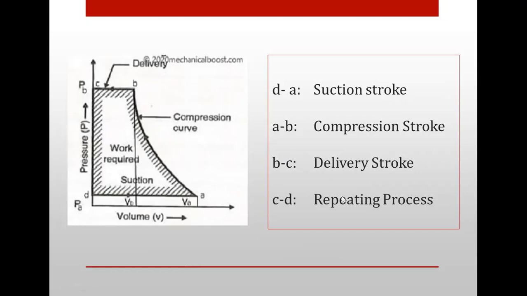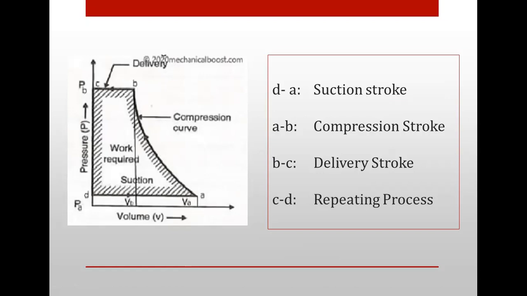Then the next process is the repeating process, from C to D. After completing the delivery stroke, the piston comes again for the suction stroke and sucks air, and at this stage the cylinder pressure will be P. This process repeats according to our requirements, and work is done during this process. So from the suction stroke, it goes to the compression stroke, then the delivery stroke, and then the repeating process.